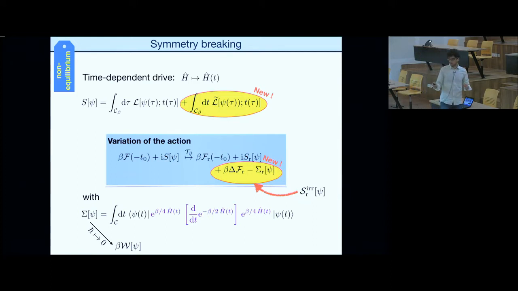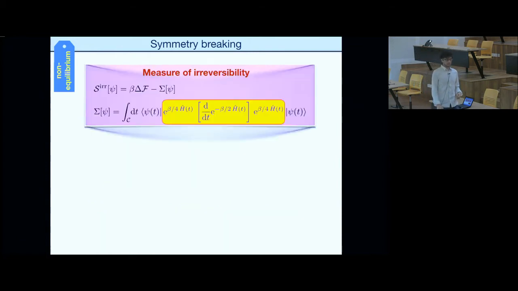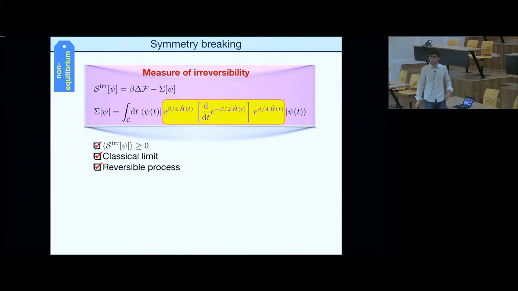I will claim that this object here is a measure of the irreversibility which is being created quantum mechanically in out of equilibrium systems. Again, it comes in two pieces: this free energy difference, and this new sigma functional, for which I give the expression here.